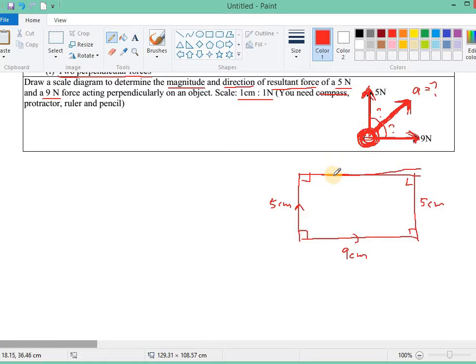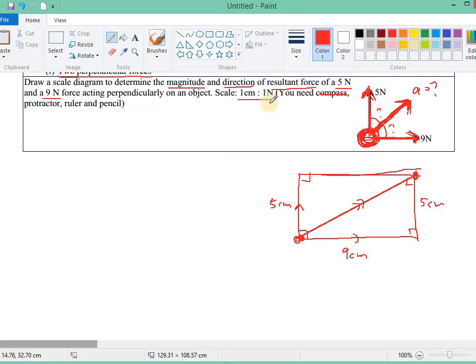So how can we find out the resultant force? We connect this point and this point together. After we connect them, we take the ruler and measure from this point to this point, how long the line is.